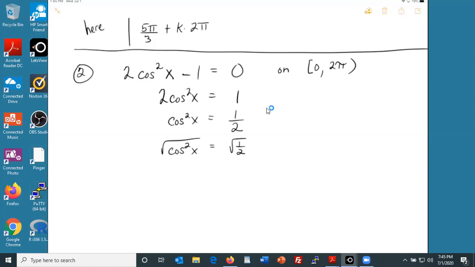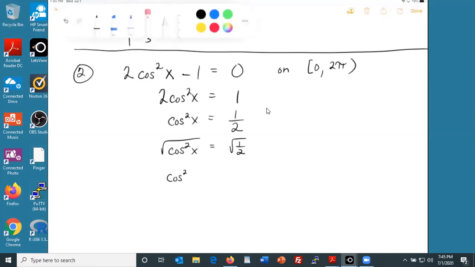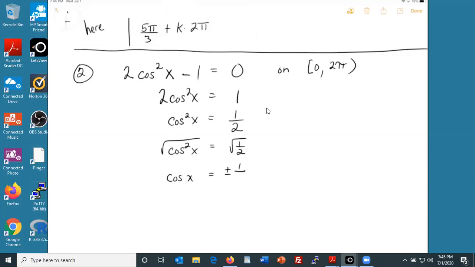And then that will eliminate the cosine squared and it brings down the cosine of x. Remember, a square root will cancel out squaring. And then the square root of 1/2 is plus or minus. The square root of 1 is 1. The square root of 2 is square root of 2. Rationalize, that's plus or minus square root of 2 over 2.